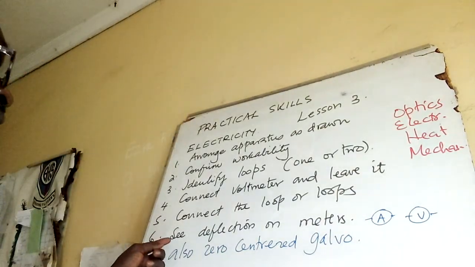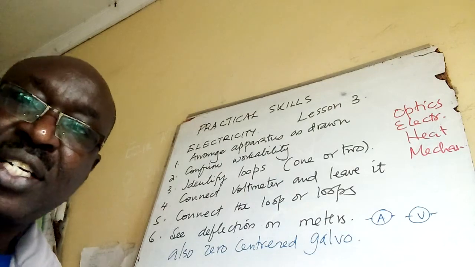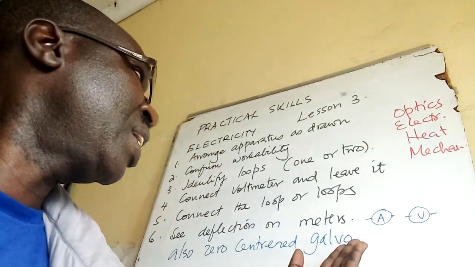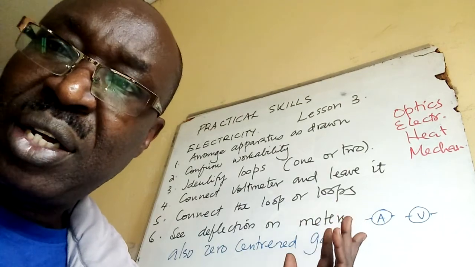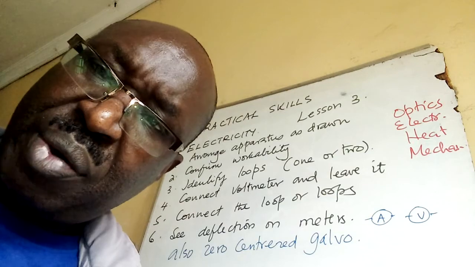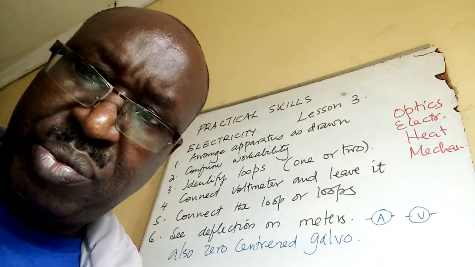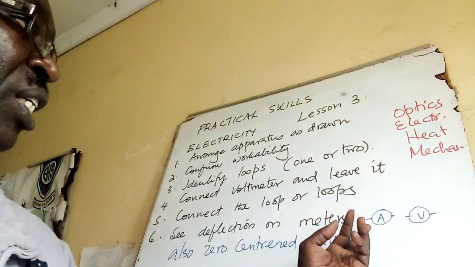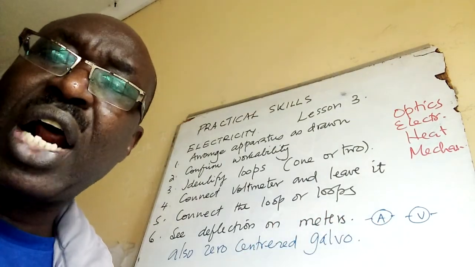Then see the deflection on the meters. The two meters that are commonly tested are the ammeter or milliammeter and the voltmeter. So these two, you don't need to cram.